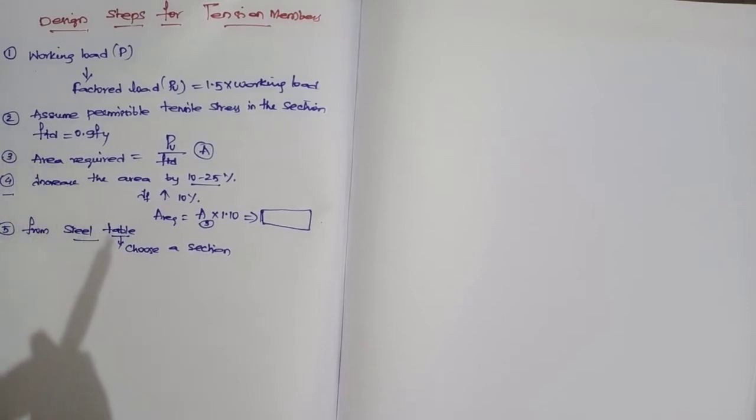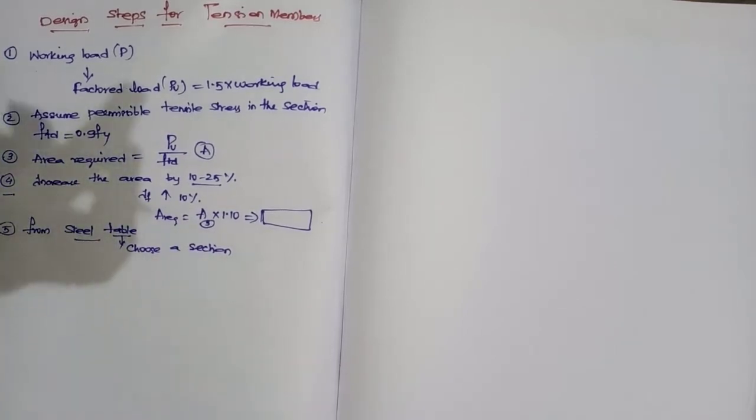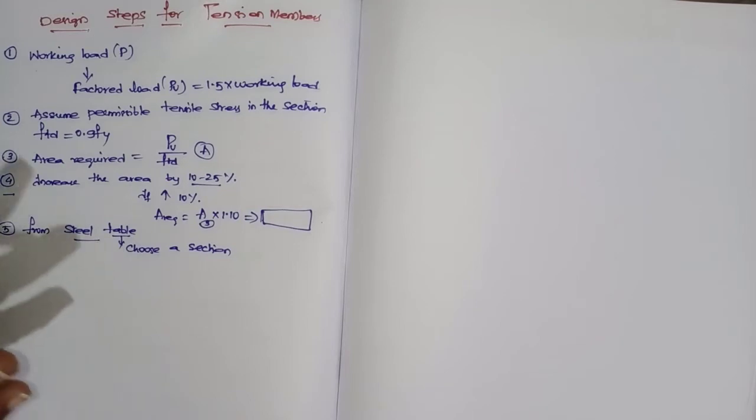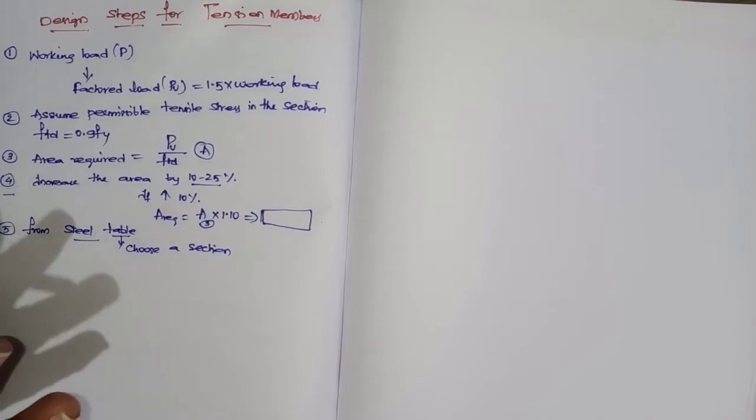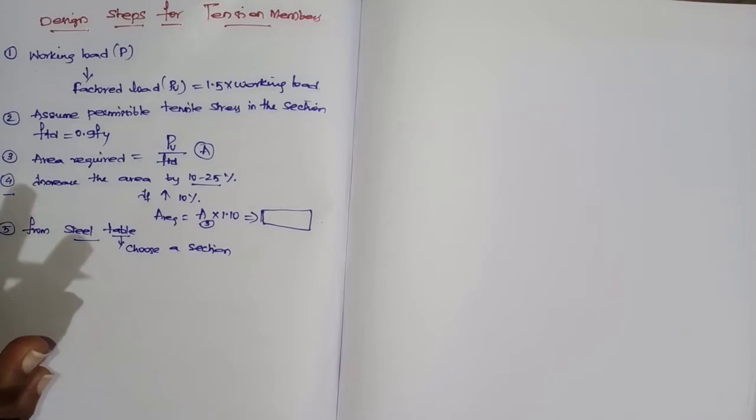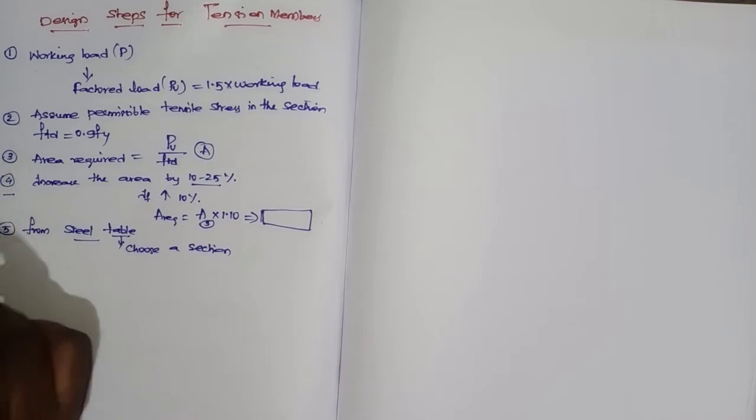Design an equal angle section means you choose the section from the equal angle sections tabular column only. If it is not mentioned, just design an angle section for a roof truss, then you can go with either equal angle or unequal angle. That is the section choosing.